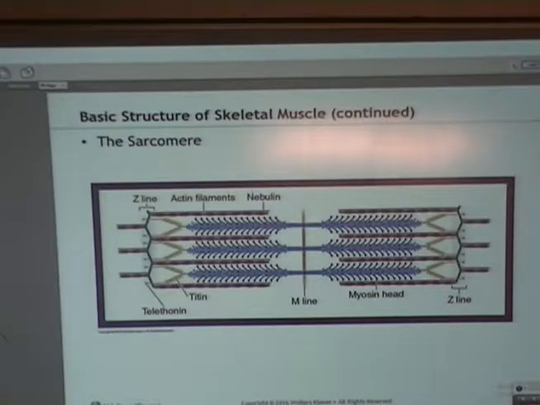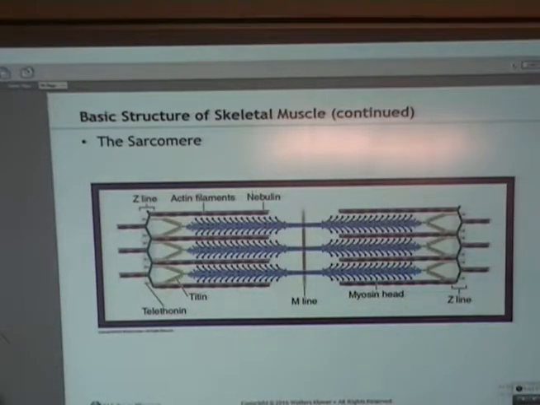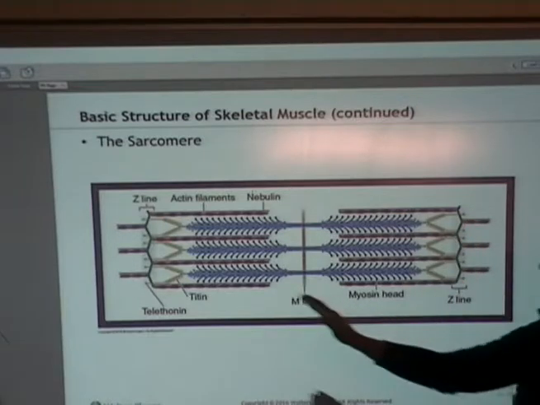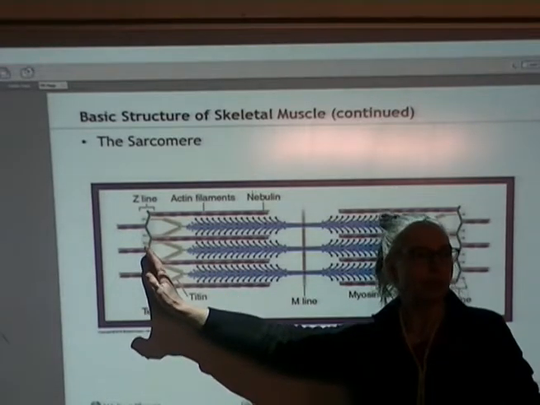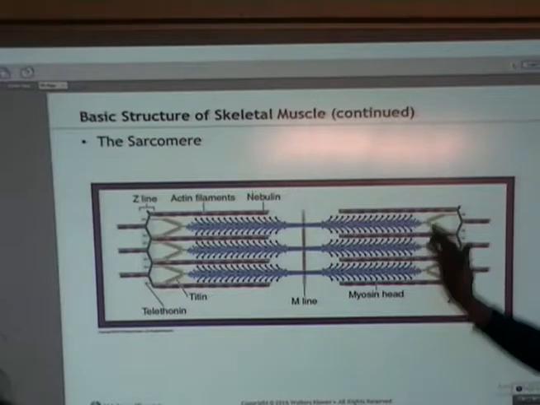Okay, anybody never seen that before? Yay, good, that makes life easier. All right, so Z line to Z line equals a sarcomere. So if you think about a muscle cell like a long line of dominoes, each domino is a sarcomere.